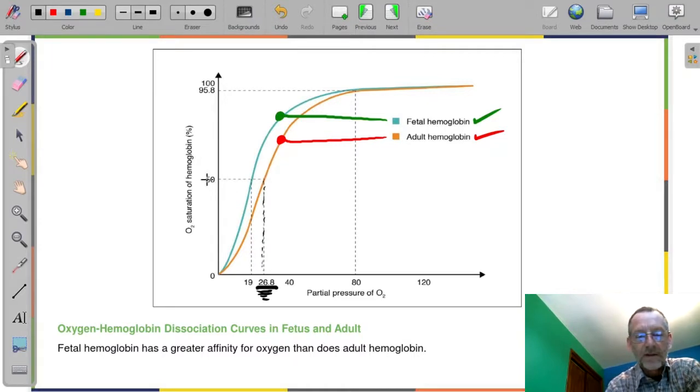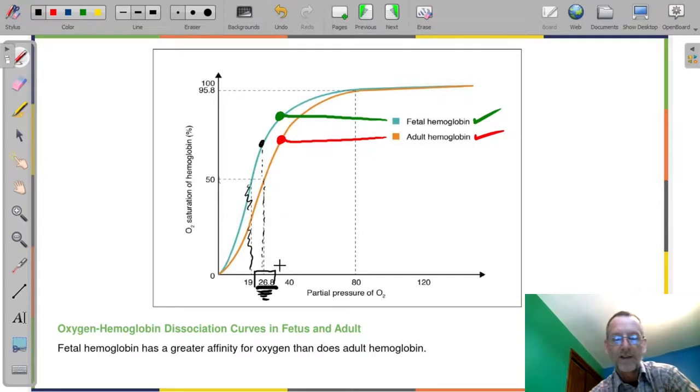You can look at it either by 50% or by the partial pressure. I think this might be easier. So ignore the other line for right now. Just go with the 26.8. Doesn't matter. We could have done 40. We could have done 30. But you just go straight up.